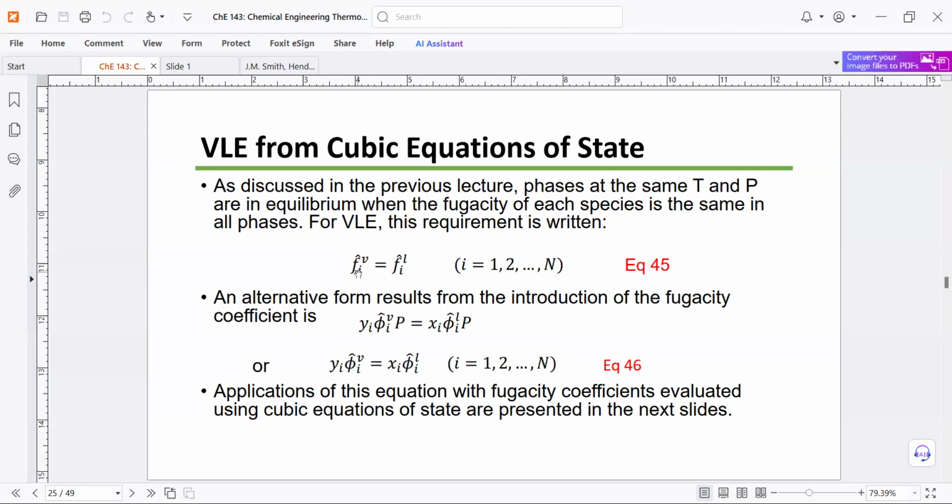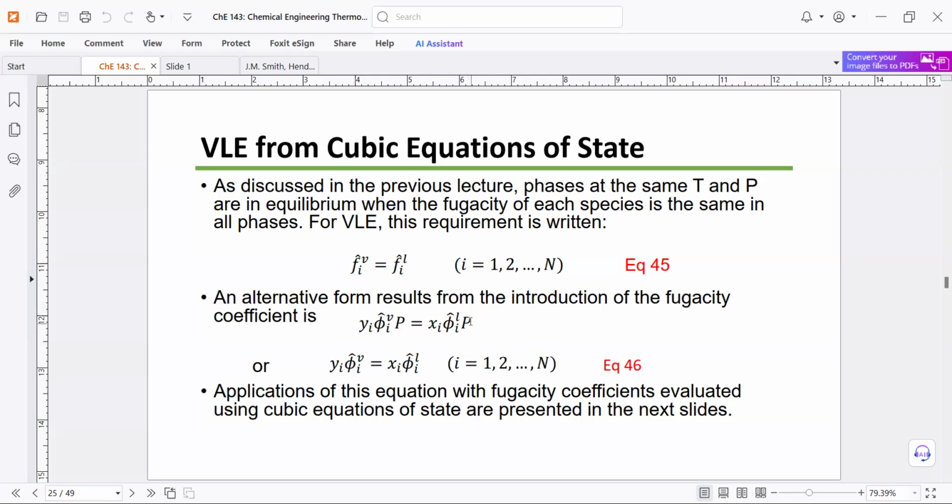We can replace the fugacities in terms of the mole fraction and the fugacity coefficient in solution for both vapor and liquid phases. For vapor, it's the mole fraction in vapor phase of the species multiplied by its fugacity coefficient in solution and pressure.